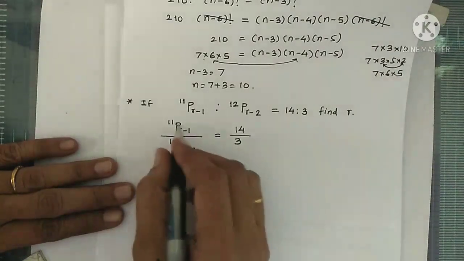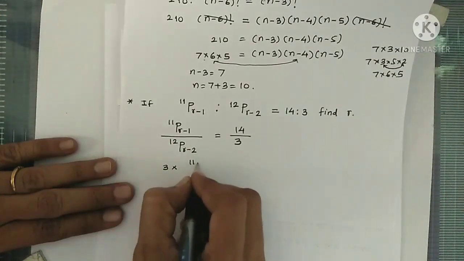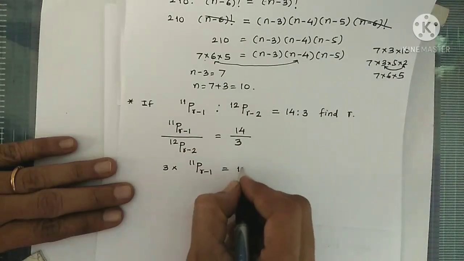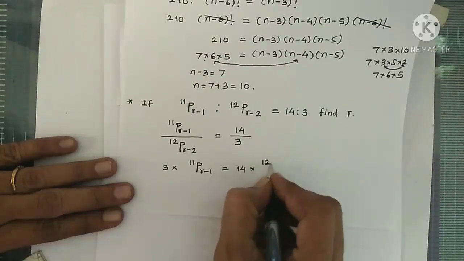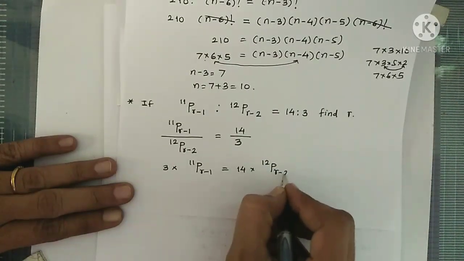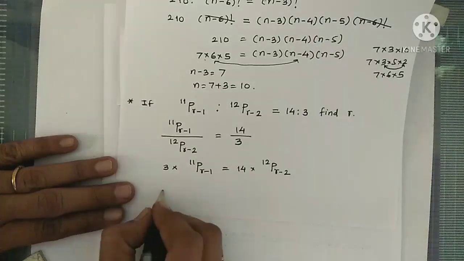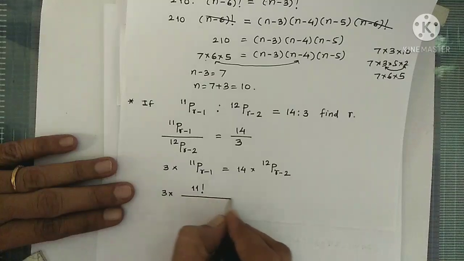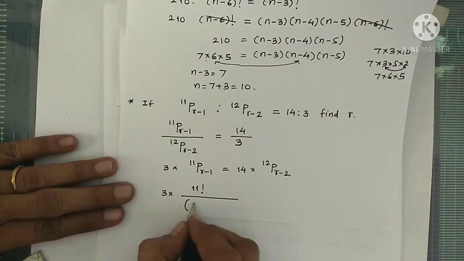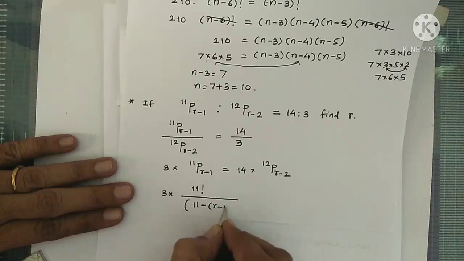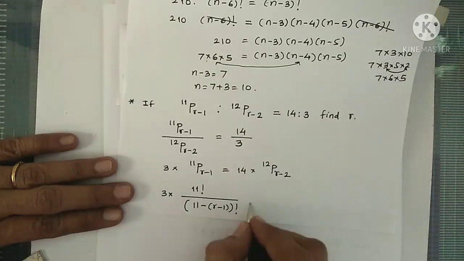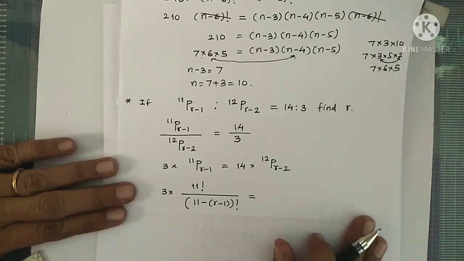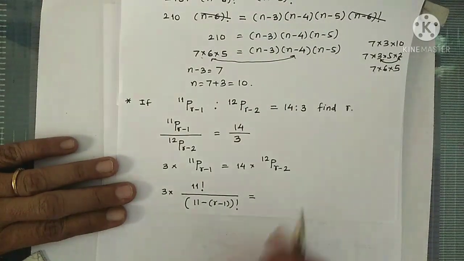So 3 multiplied by 11P(r minus 1) equal to 14 multiplied by 12P(r minus 2). Now let's use the formula. 3 into 11 factorial divided by (11 minus (r minus 1)) factorial. See here, put brackets for r minus 1, as r minus 1 together is a single term.